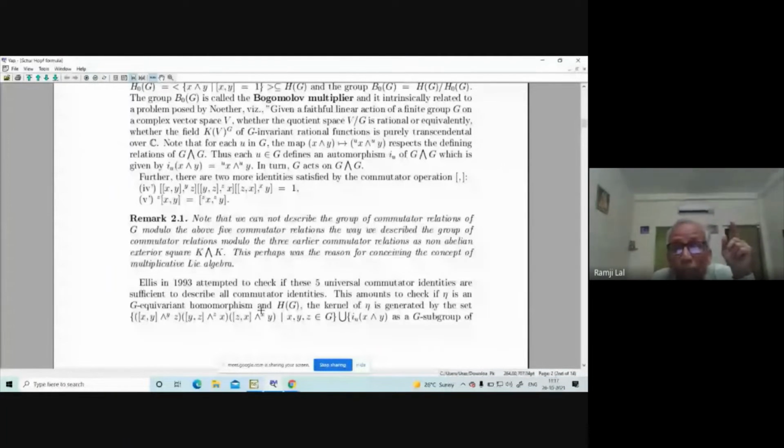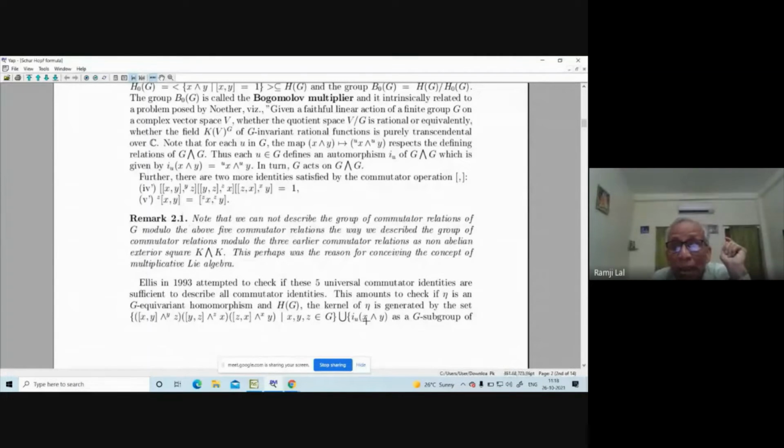So G equivariant homomorphism, and in HG, the kernel of eta is generated by these elements, which are the fourth identity union. It has to satisfy this commutator identity, I mean this identity also.